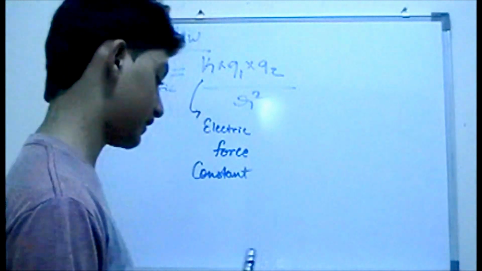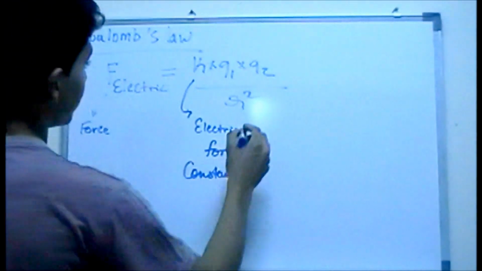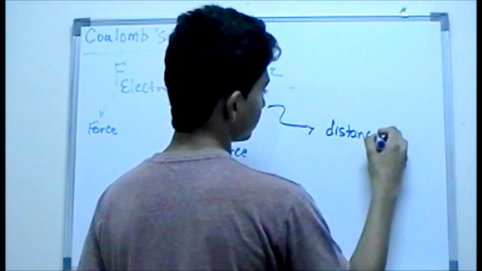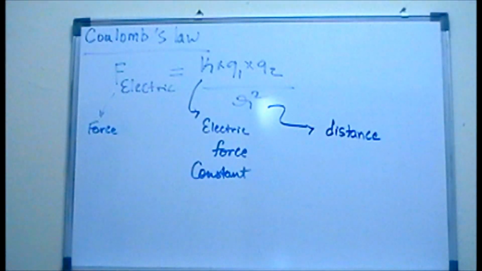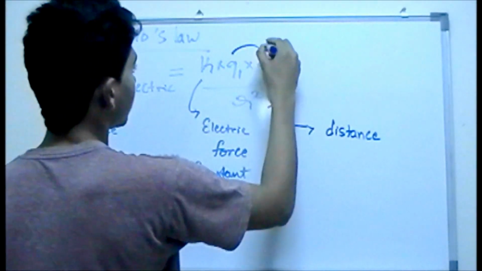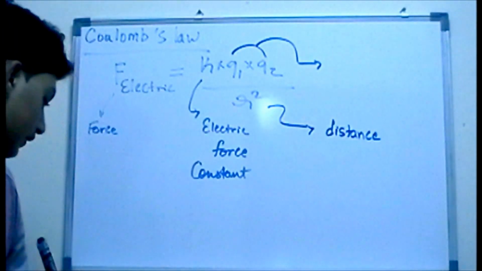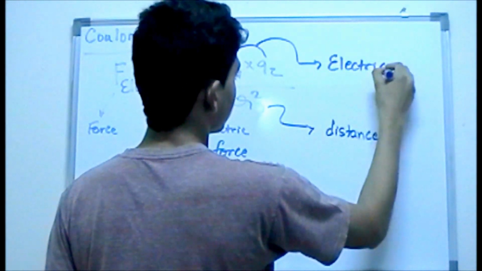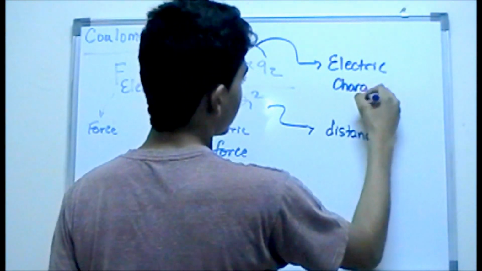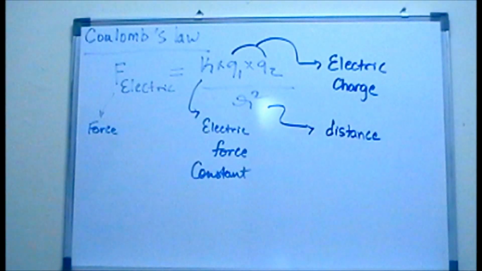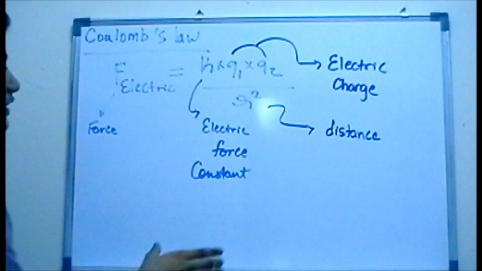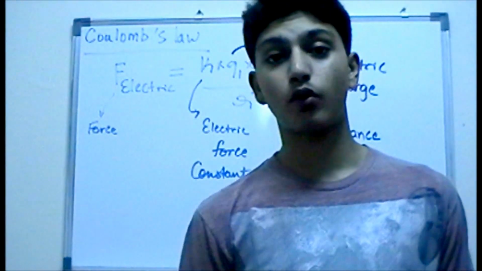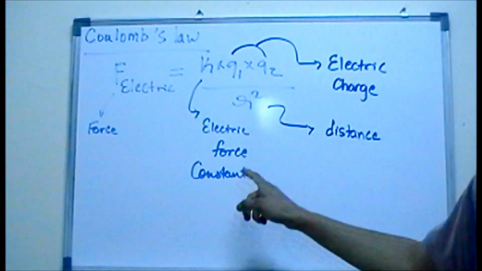R is basically the distance between those objects, and q is the electric charge of the object. Now let's solve an example to get the idea of how this equation is used.